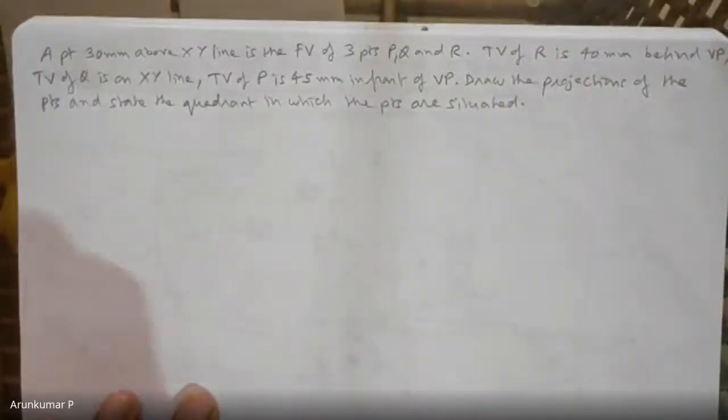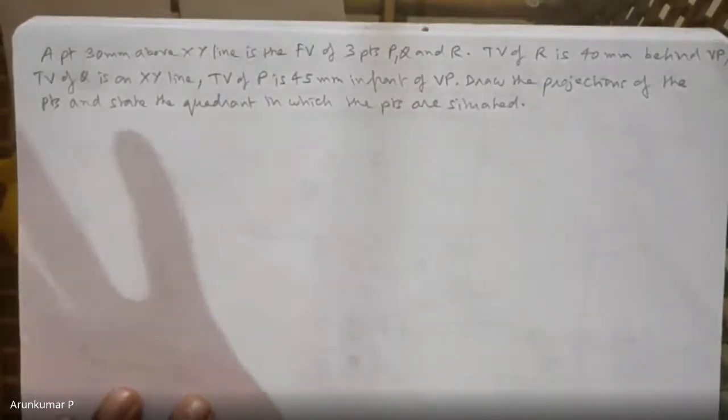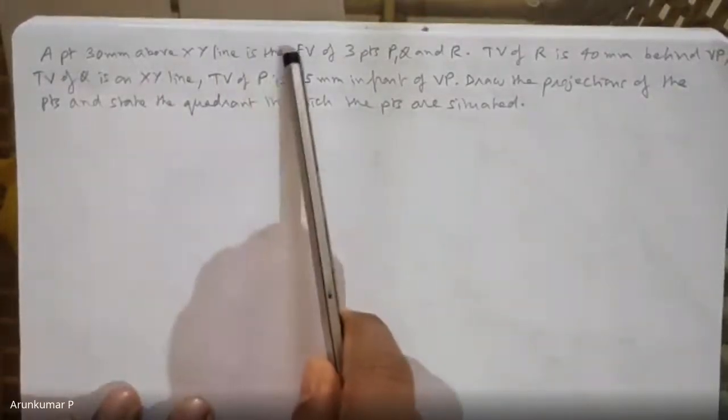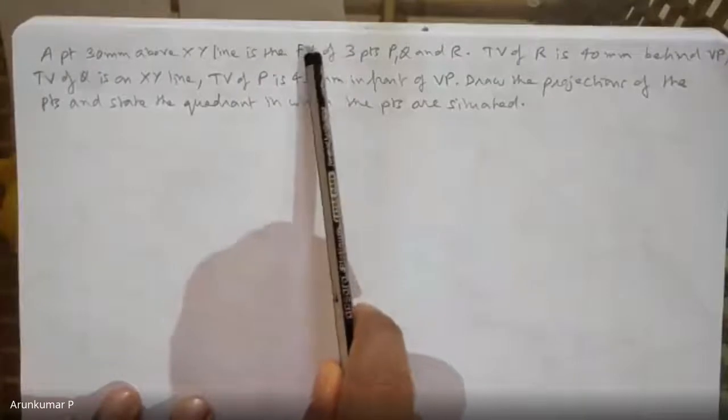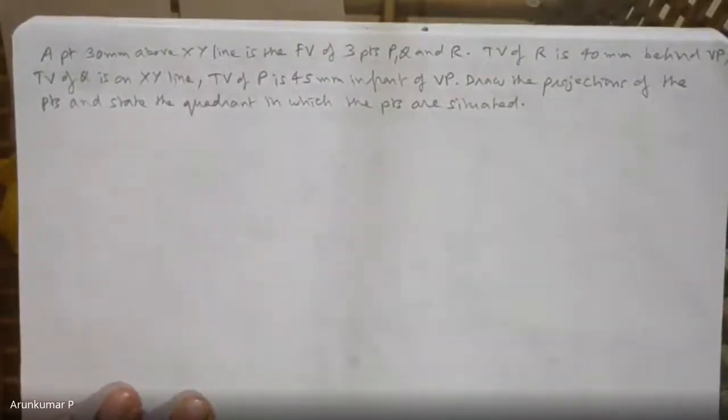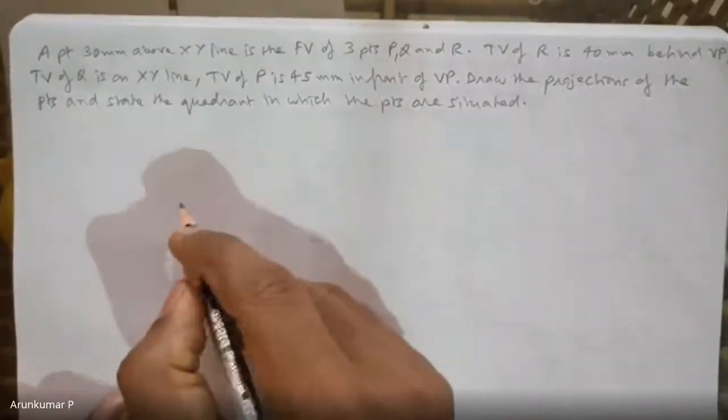So let us draw the first and second quadrants in 3D and see how these points are located and how come that the front view of all the 3 points are at the same location. How is this possible? Let us understand that.